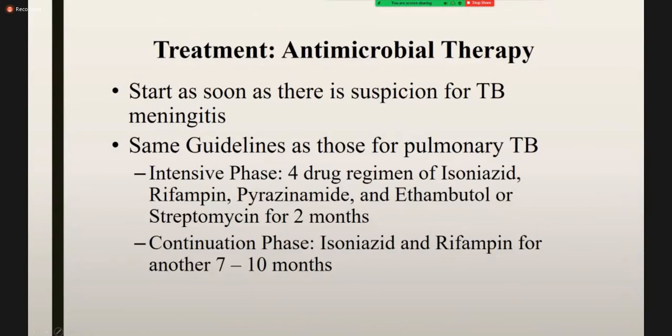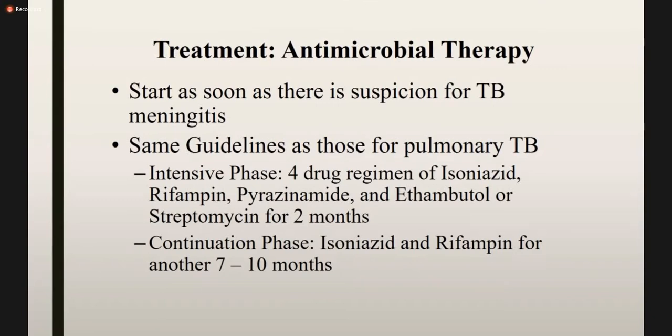Again, treatment options: we have antimicrobial therapy. Start as soon as there is suspicion of tuberculous meningitis, because if you do not treat early, there is a chance of development of complications, and even severe morbidity and mortality. The guidelines are the same as those for pulmonary tuberculosis.